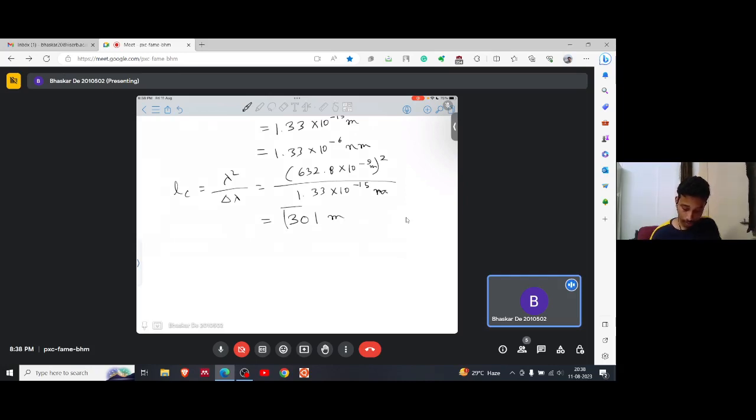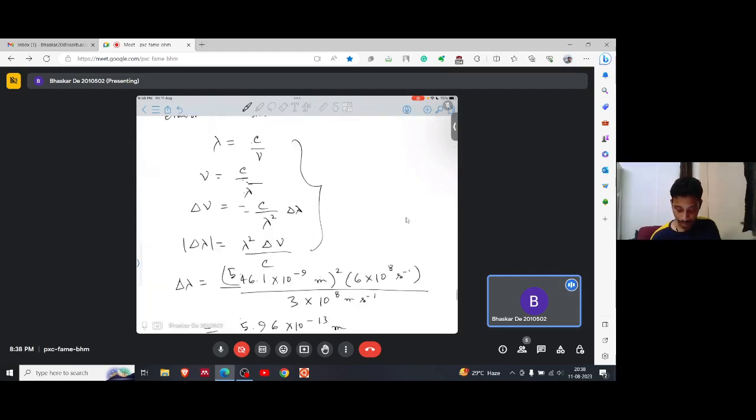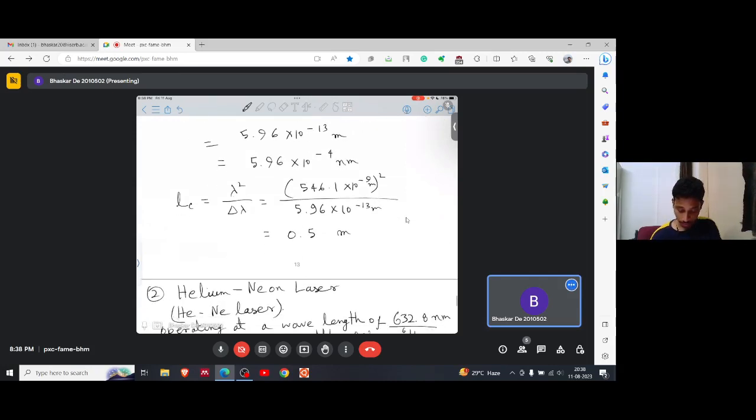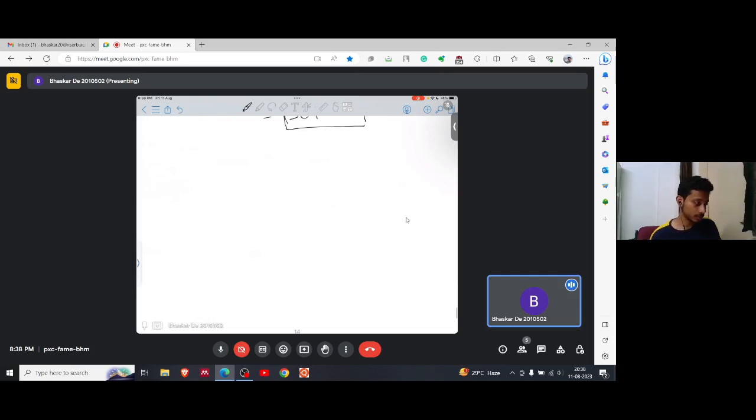So here you can see that the coherence length of a typical helium neon laser is very high, that is 300 meter, which spans a few normal size rooms. But at the same time, the mercury vapor lamp has only coherence length of up to 0.5 meter. That's why we claim that the laser has a very high coherence length.